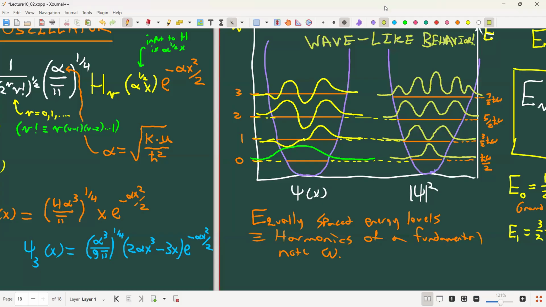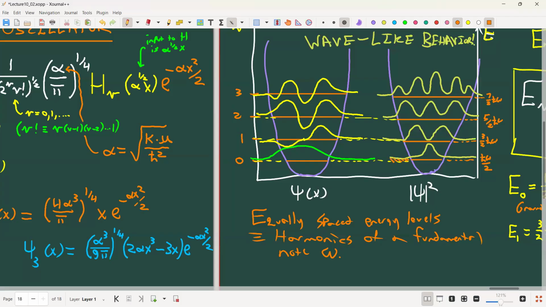So the quick thing I want to calculate is what's the probability that we find it outside of the potential? In other words, in psi squared, what is the area under the curve out here? In some sense, this is the interior. This is the probability of finding the bond in the classically allowed region.